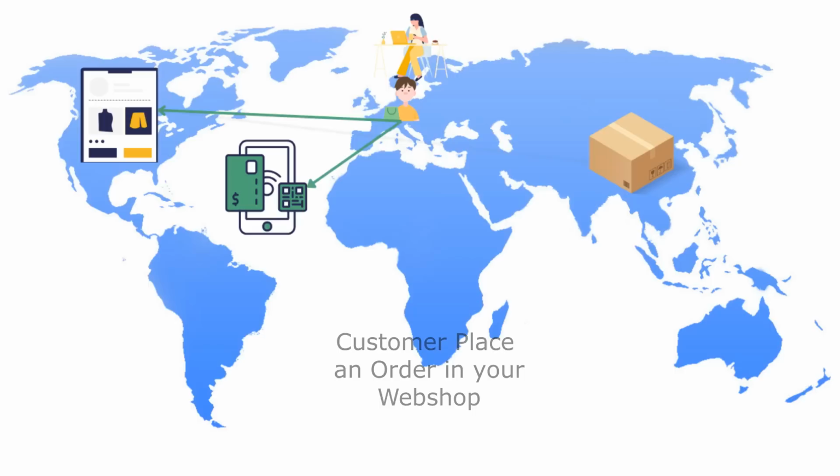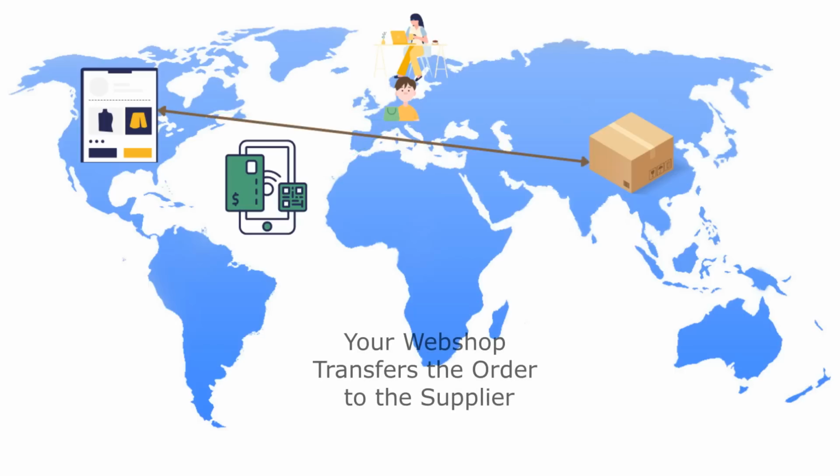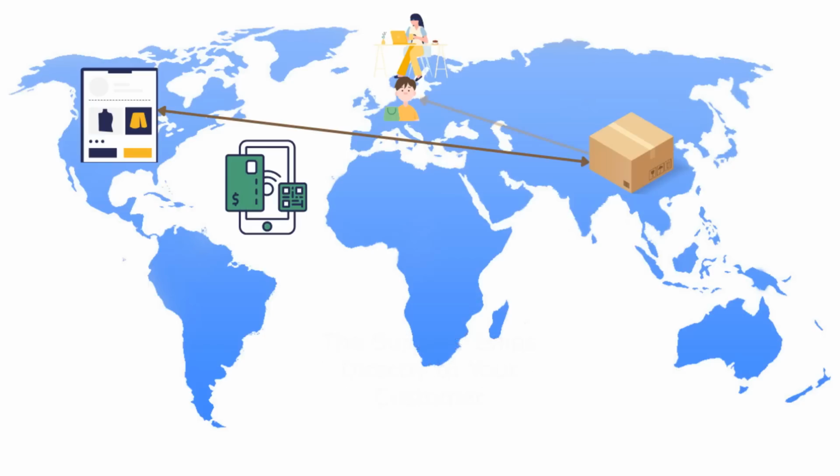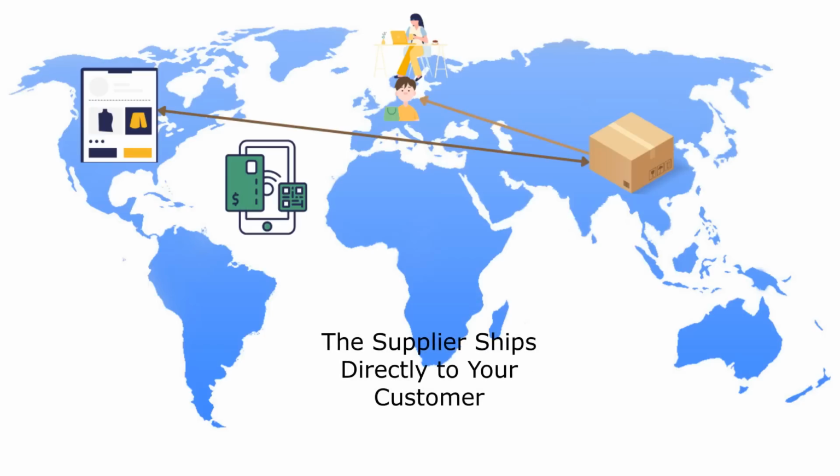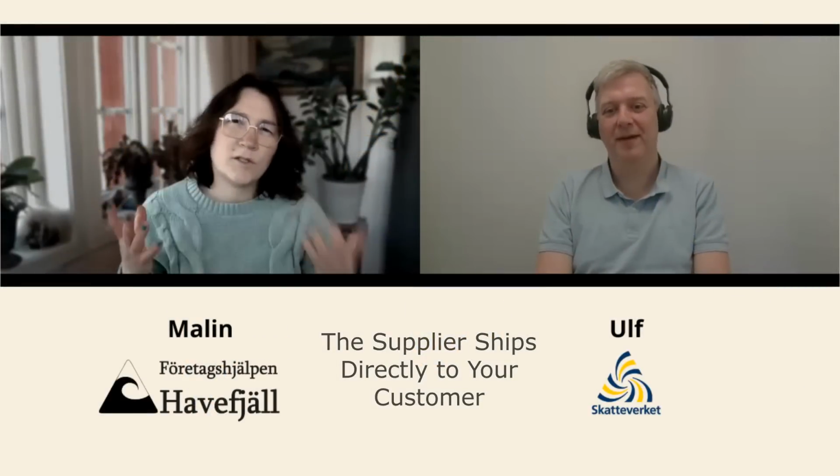And when they do, you place an order from your supplier that you want to buy one piece of that, whatever it is. And then the supplier sends it directly to your customer instead of sending it to you and your company. So I think that's the main rule, the basic principle of dropshipping.